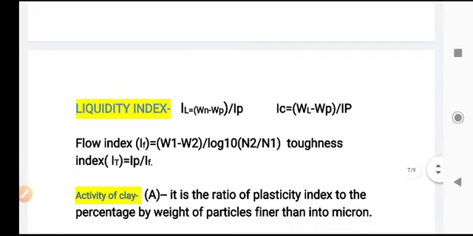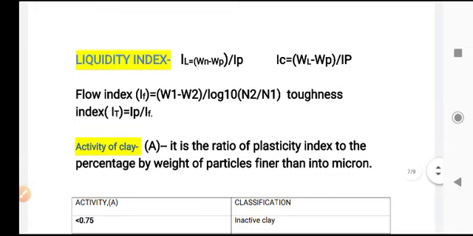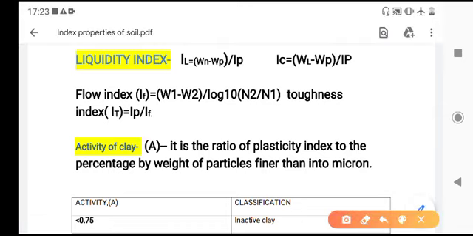Liquidity index. The liquidity index is the natural water content minus the plastic limit, divided by the plasticity index, IP.